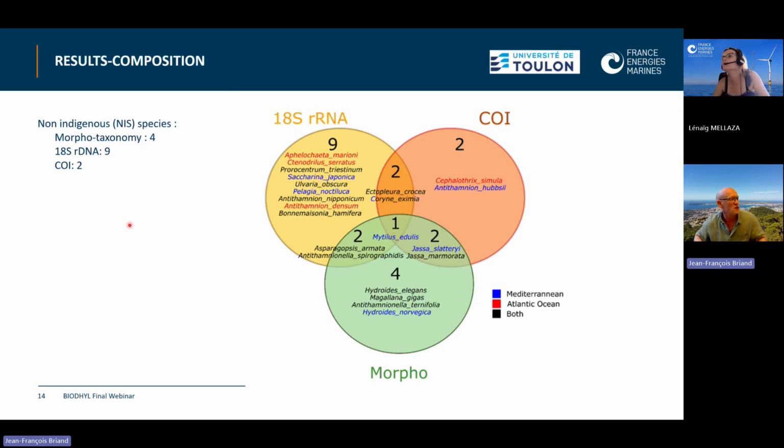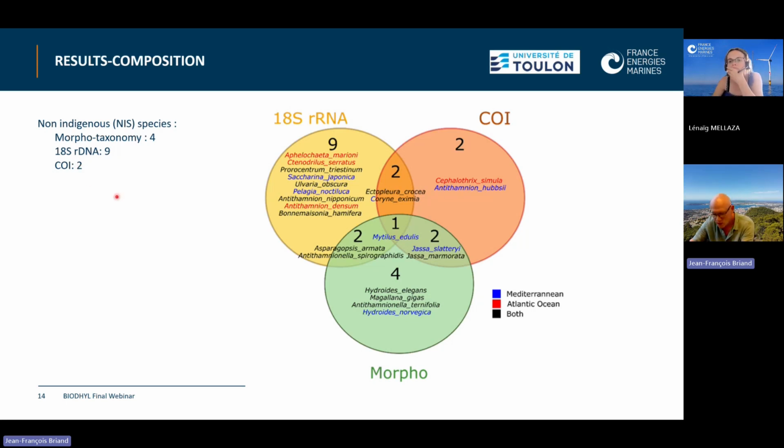Another point which is interesting is the non-indigenous species. And so we made a specific analysis on that. You can see that with the morphotaxonomy, we only identify 4 species. With the 18S eDNA, we identify 9 species, and for the COI, only 2.